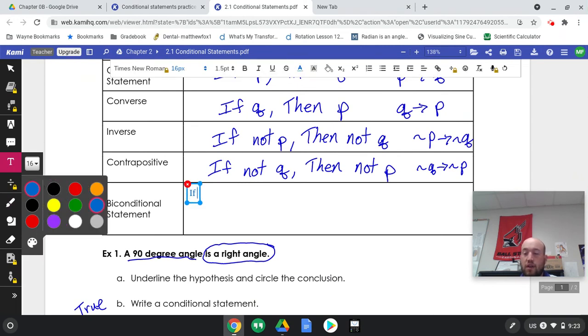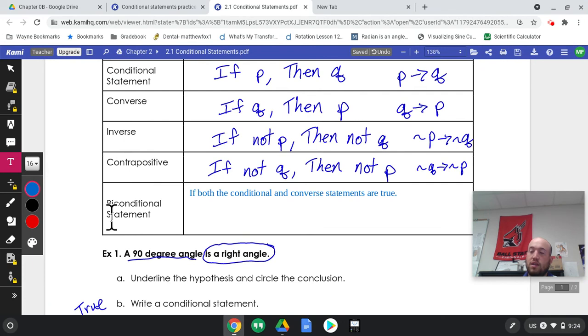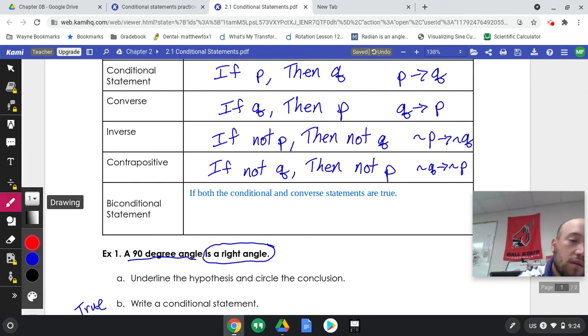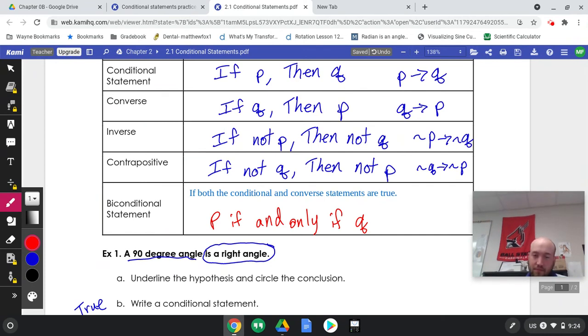So I'll make a note here. If both the conditional and converse statements are true, then we can do this. Okay, and it's going to be our P, and then if and only if Q. So it looks a little different.